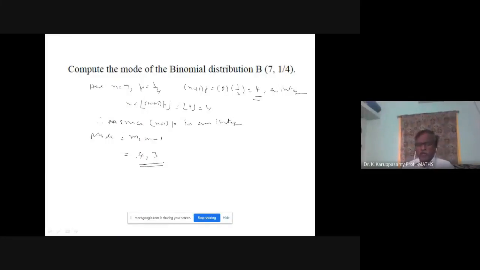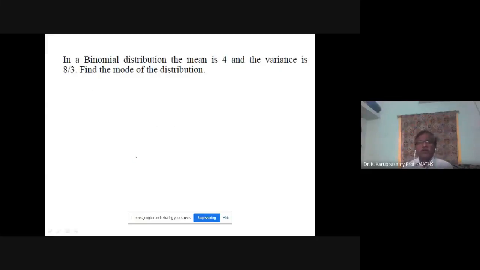Another problem of similar type. In a binomial distribution, the mean is 4 and the variance is 8 by 3.